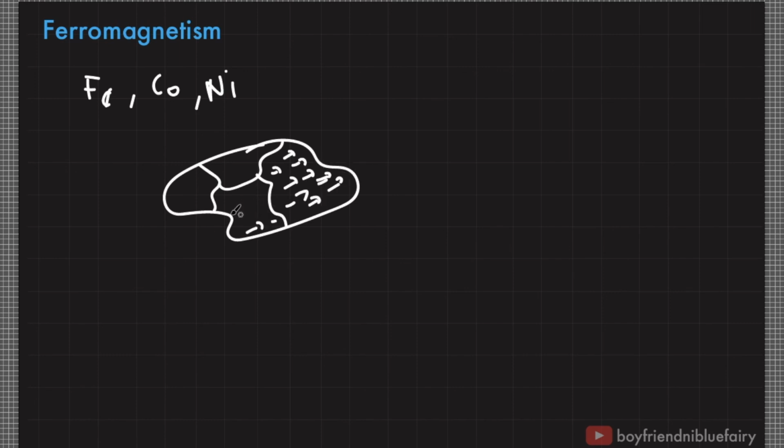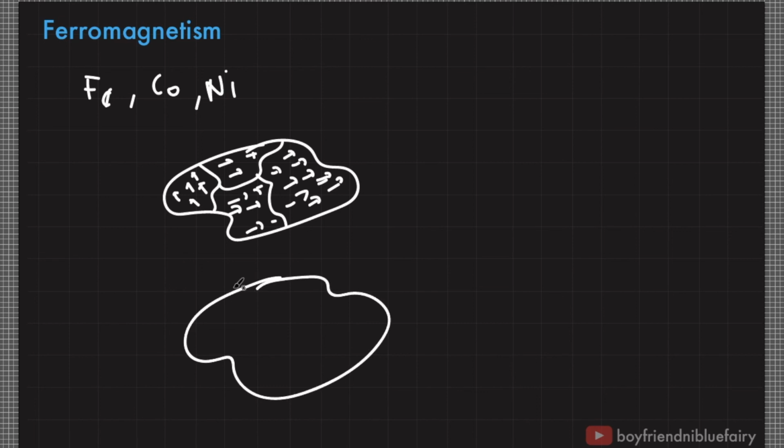When you apply an external magnetic field, the majority of these disoriented magnetic domains are suddenly aligned to each other, so that when you remove the external magnetic field, this object possesses a strong magnetic field. This is why these are usually the materials used in creating permanent magnets.